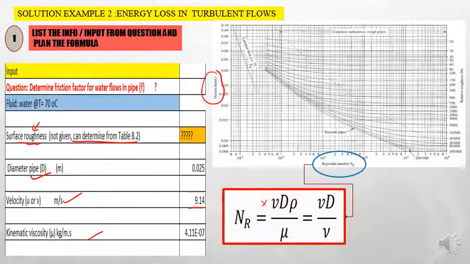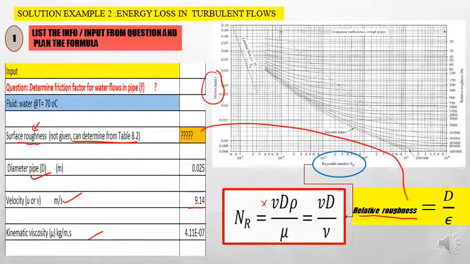Let's see how can you substitute into the equation. And don't forget that you need as well info about the relative roughness. Okay, because you can get this information from table 8.2. So you need to substitute it. And you do have the diameter. So you already have the info on the other axis. Okay. So you have the x-axis and the other axis as well. And you can get what is your friction factor.